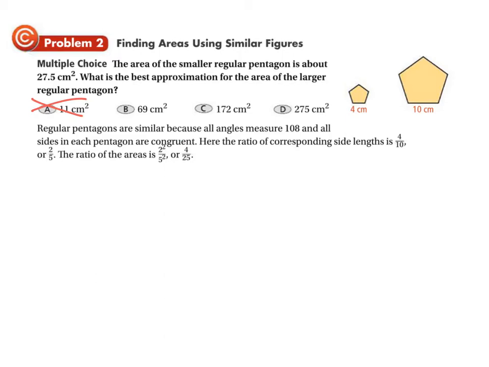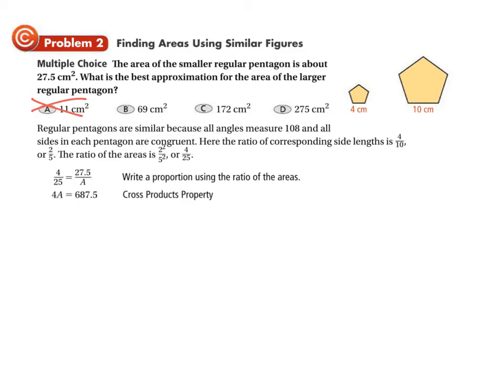So we can come up with a similar ratio by saying 4 over 25 equals the 27.5 area that corresponds with the small one. Since the small one's area is on top in 4 to 25, we put that on top: 27.5. And on the bottom, they're using A for area. What's the area of the larger one?